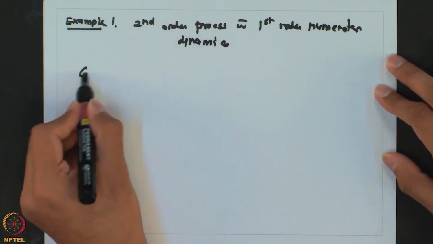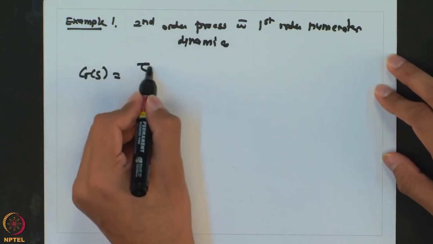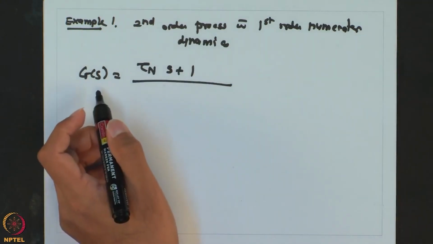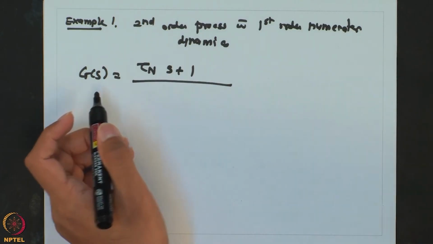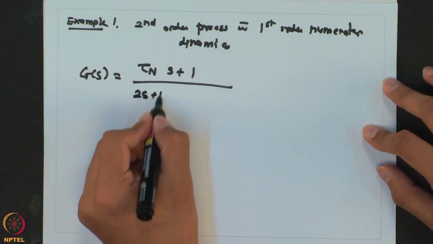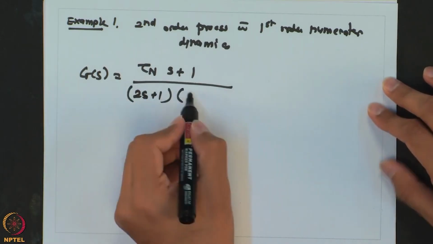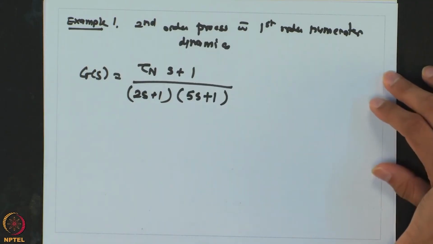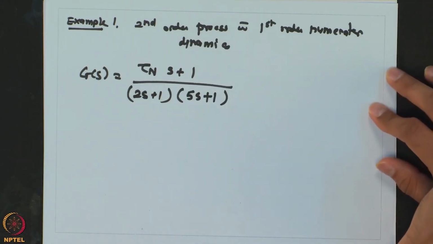We will take a general form as tau n s plus 1 as the numerator, and in the denominator we will consider two first order processes in series, and then depending on the value of tau n we will have different types of numerator dynamics for this process.